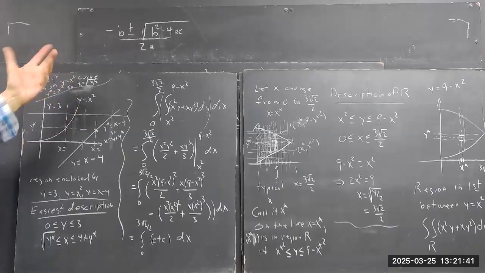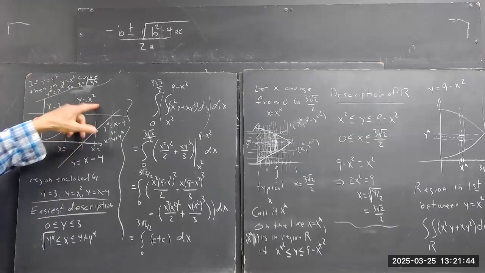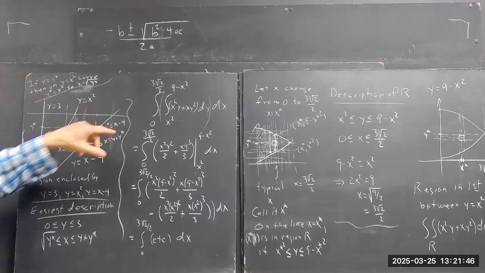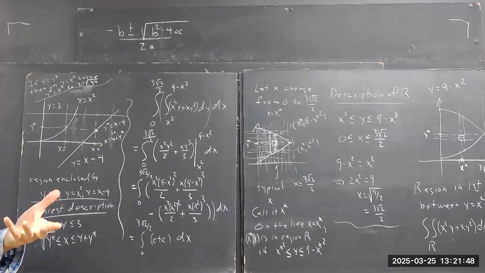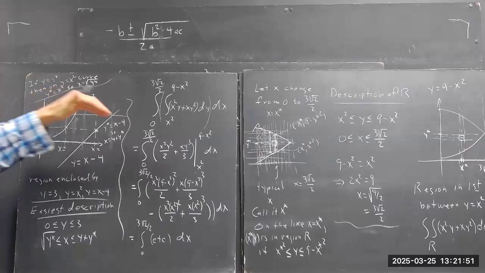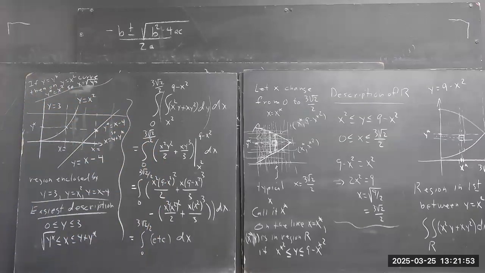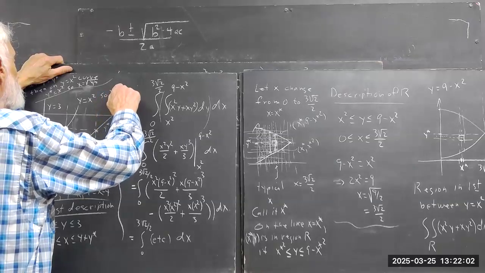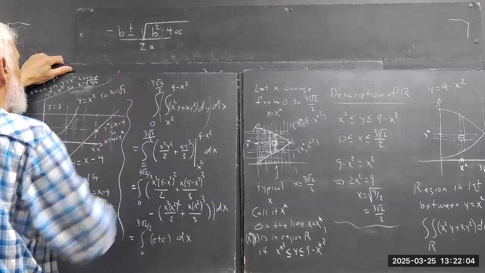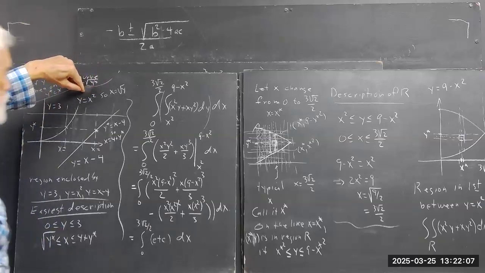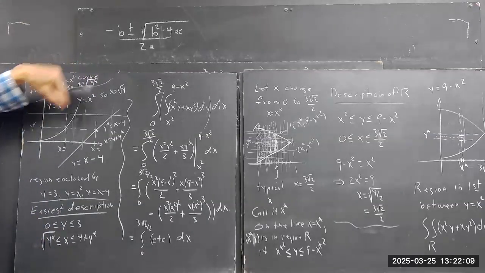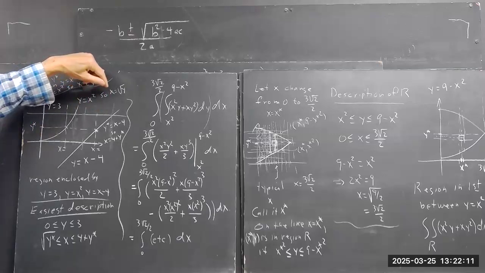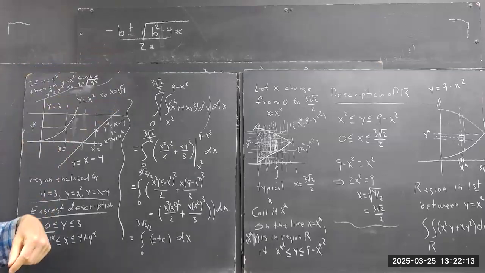You got to turn these functions around. You basically have to solve for x in terms of y in each case. Okay. So you have now y as a function of x. Another way to say it, y equals x squared in the first quadrant at least, for x greater than 0, means that x equals the square root of y.